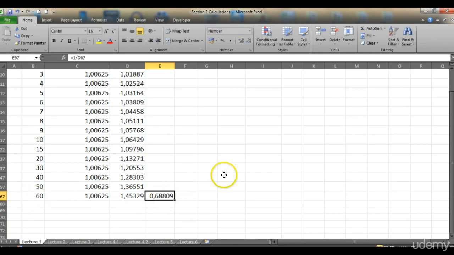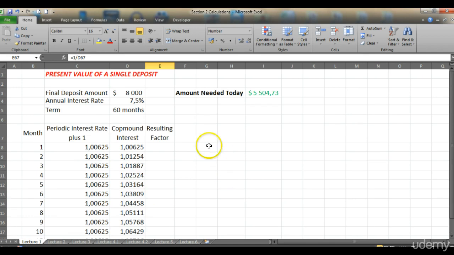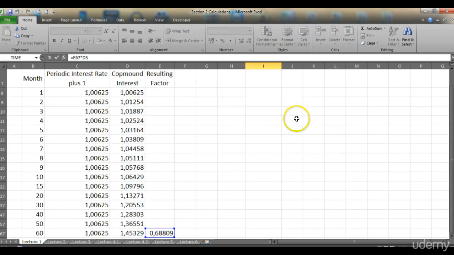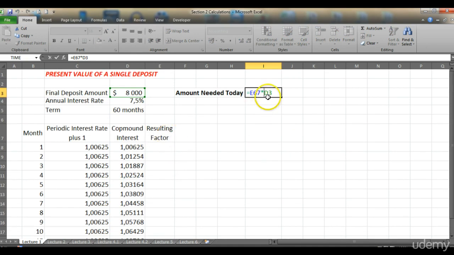And here is the resulting factor for the whole term, 60 months. Afterwards, in order to find the amount we need to deposit today, the formula is the resulting factor multiplied by the final deposit amount we need in 5 years.